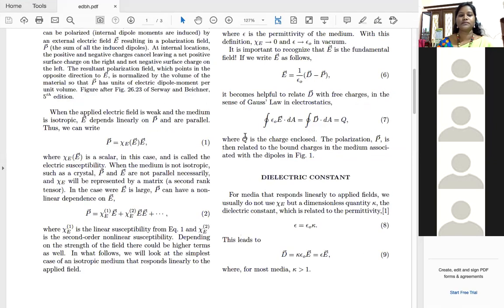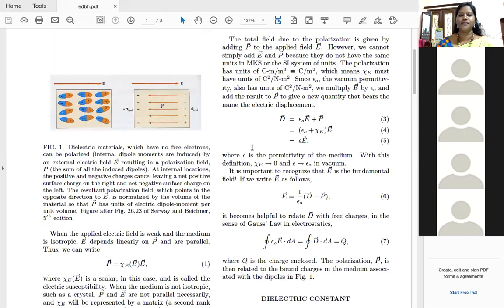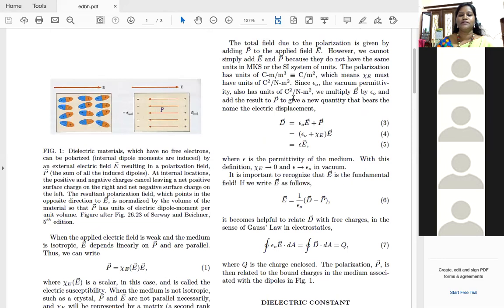So look at this document. Look at this value here. You can see the value D is equal to epsilon naught E plus P. D is electric displacement, E is the electric field, and P is the polarization.